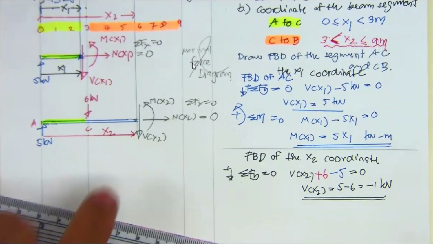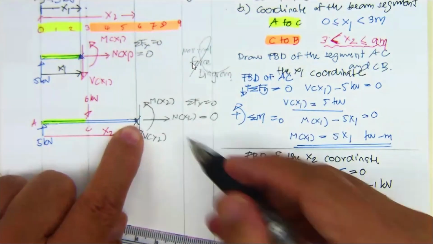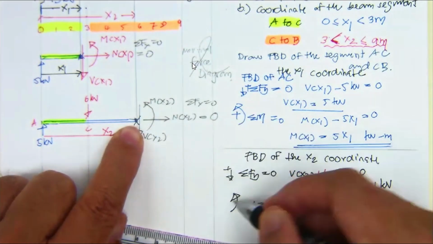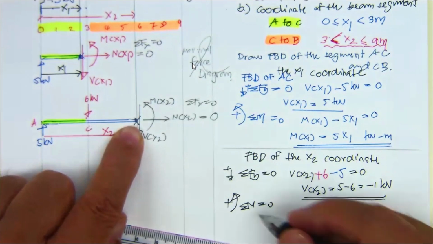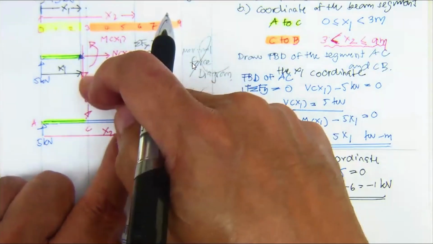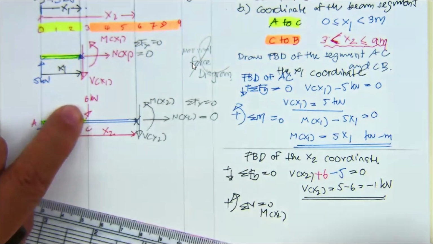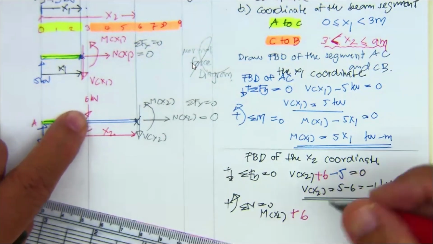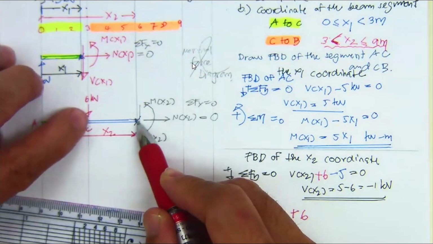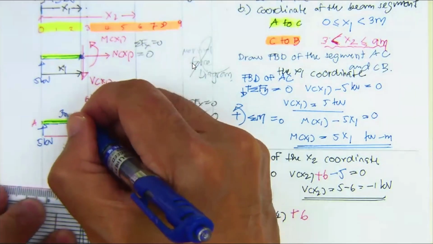Now, following this one, you take moment again here. This moment, we make counterclockwise positive. So this is M sub x2 in this direction. Then the 6 kilonewton rotates in the same direction, plus 6. The moment arm between the 6 kilonewton and this section, you know, this is 3 meter.